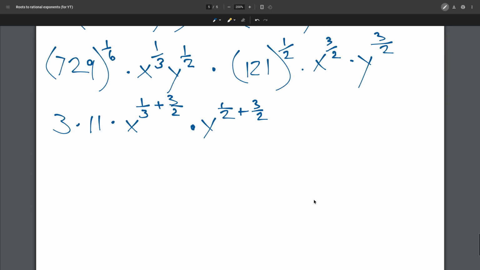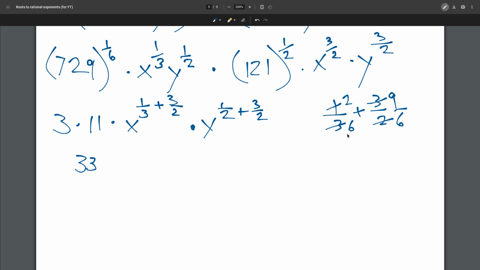Okay, so 3 times 11 is 33. And then we've got to add 1/3 plus 3/2. So the common denominator is going to be 6. So I can make this 9, multiplying both the top and the bottom by 3 here, so 9/6. And multiply the top and the bottom here by 2, so 2/6.